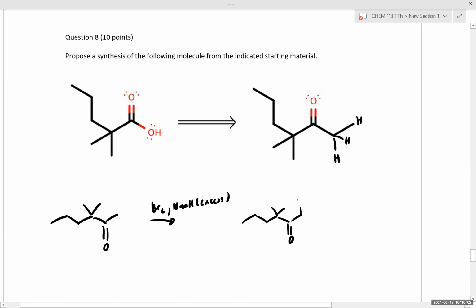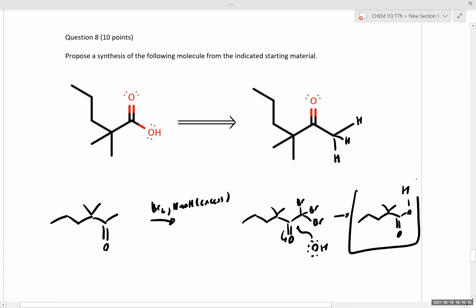And then from there, once we have this haloform leaving group, hydroxide can attack and we can displace our leaving group to give the corresponding carboxylic acid. So the haloform reaction is a useful method to convert methyl ketones into carboxylic acids.